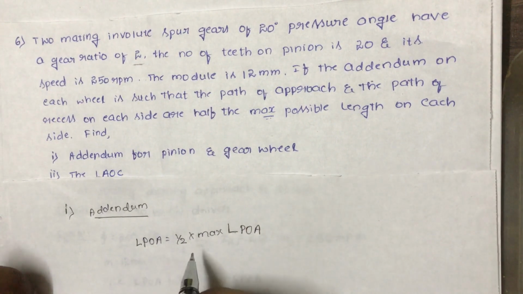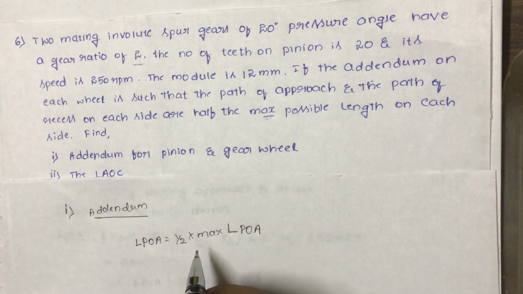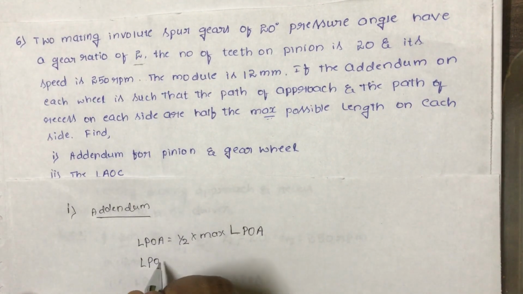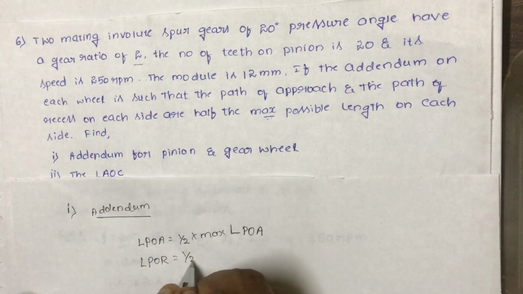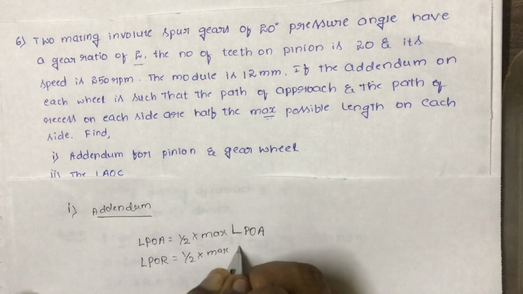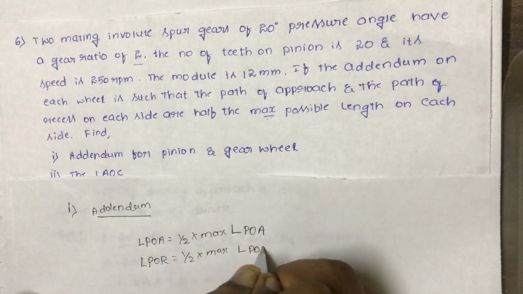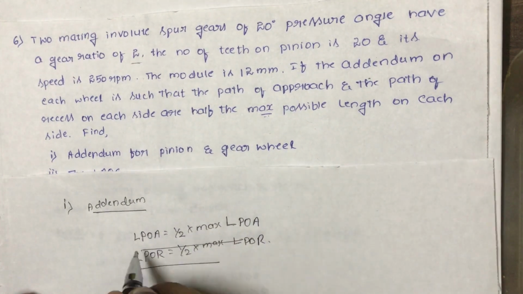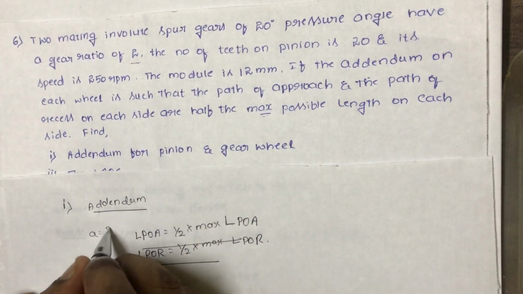Length of path of approach is equal to half of maximum length of path of approach, as well as length of path of recess is equal to half of maximum length of path of recess. By using this, I need to find out the value of addendum, correct?